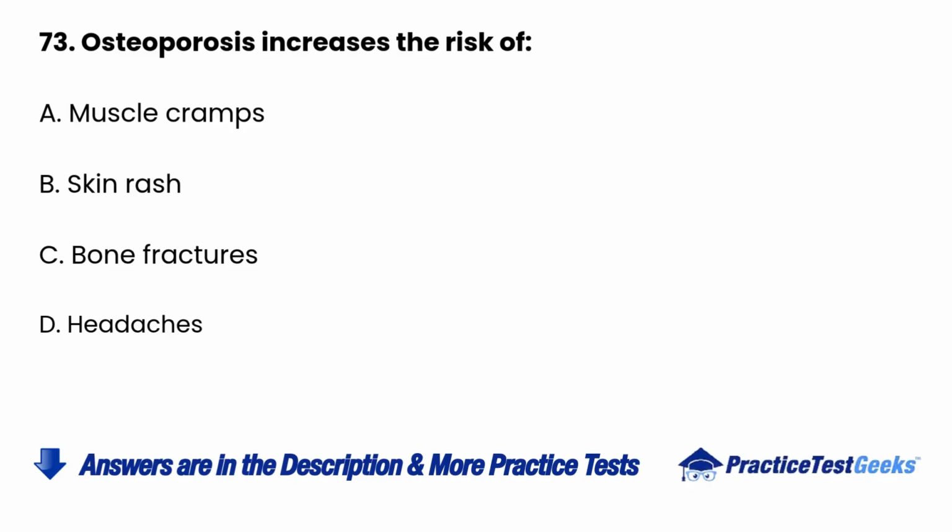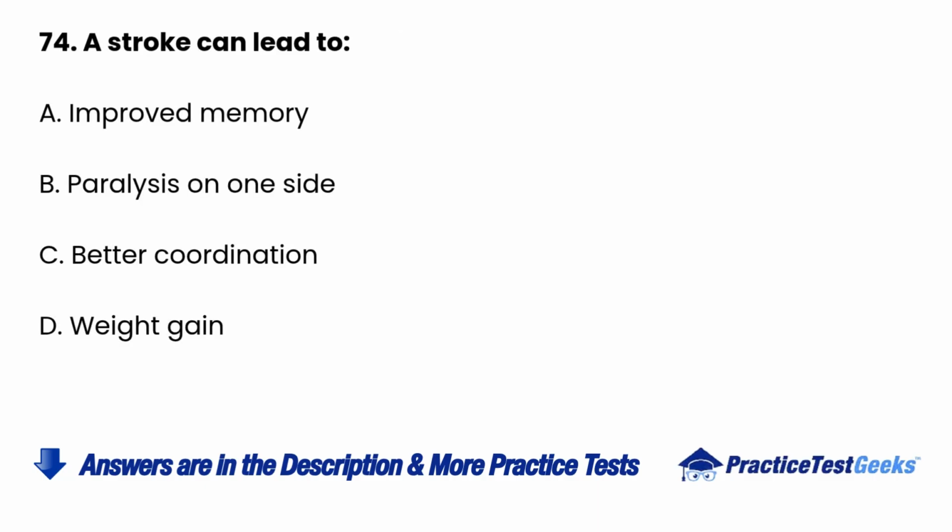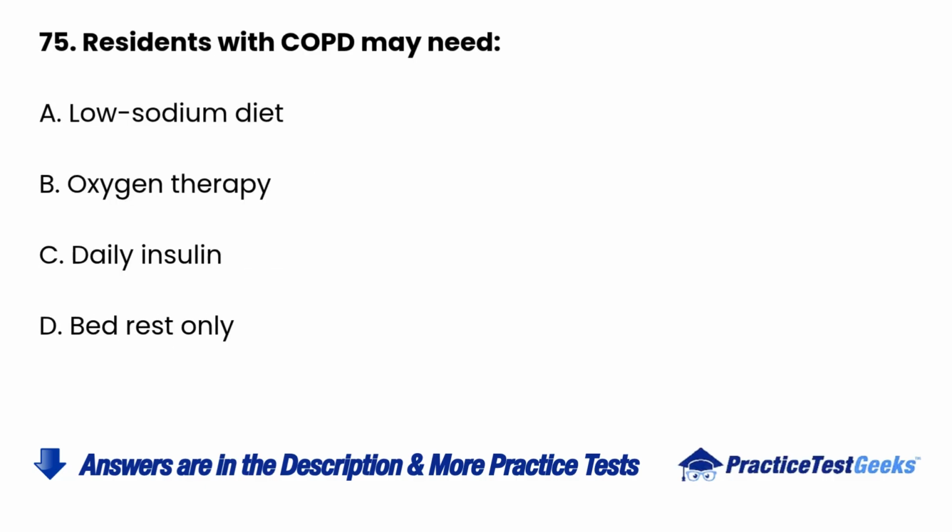73. Osteoporosis increases the risk of: A. Muscle cramps. B. Skin rash. C. Bone fractures. D. Headaches. 74. A stroke can lead to: A. Improved memory. B. Paralysis on one side. C. Better coordination. D. Weight gain. 75.